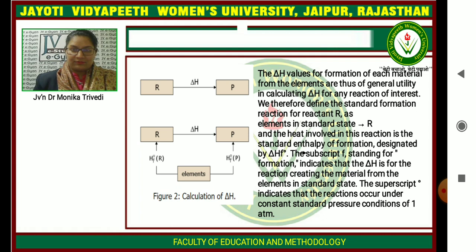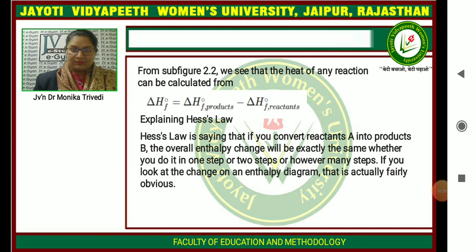So the heat of formation can be calculated by the difference between the heat released by product and reactant. Here you can see the overall enthalpy of formation, denoted by del H naught F, is equal to del H naught F of product minus del H naught F of reactant.